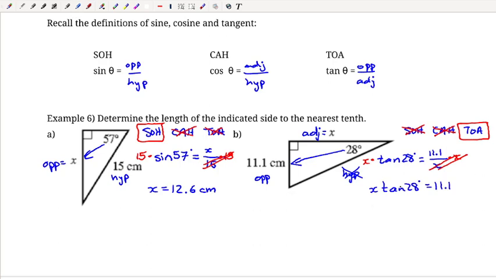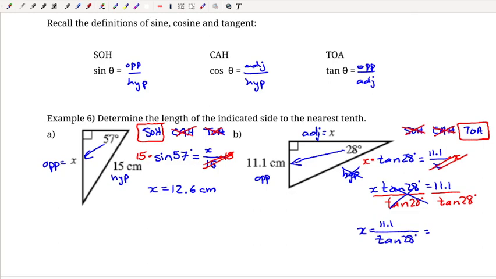And now that I've got that, in order to get x by itself, I can divide by the tangent 28, because it's x times tangent 28. I'm going to divide both sides by tan 28. And that will leave me with then, okay, this crosses out, and I've got x equals 11.1 over tan 28. Type that into my calculator.